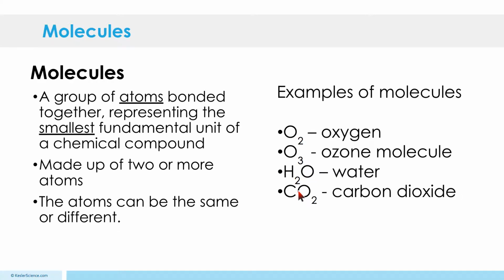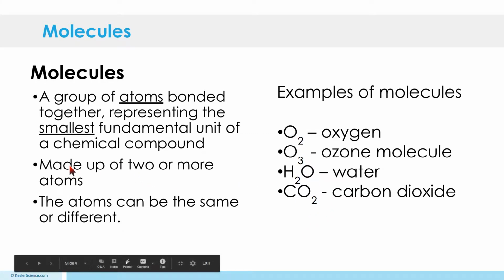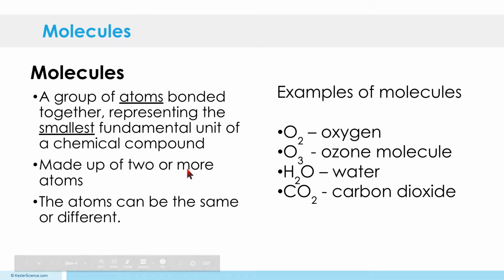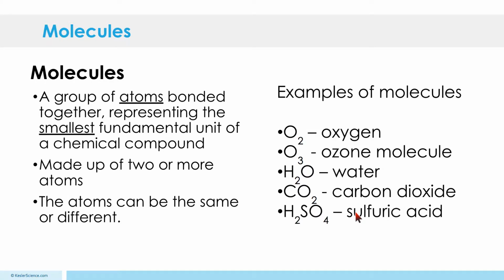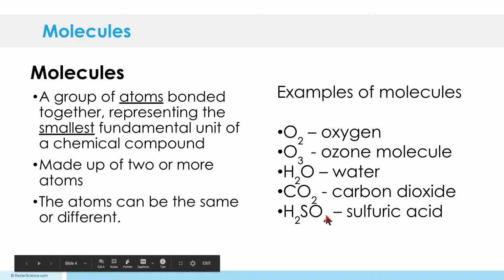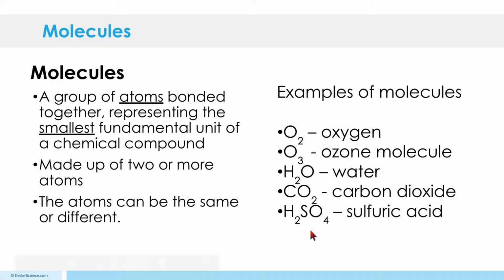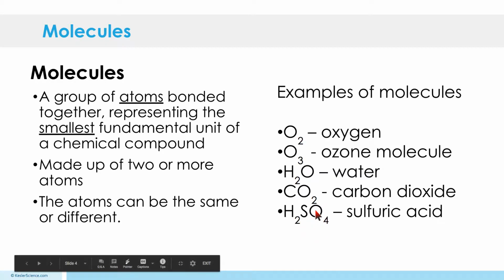And then lastly, CO2. This also is a molecule. Why? Because it fits the definition of 2 or more atoms. 1 carbon, 2 oxygen. This is carbon dioxide. And then we have this interesting one, H2SO4, sulfuric acid: 2 hydrogen, 1 sulfur, and 4 oxygen.